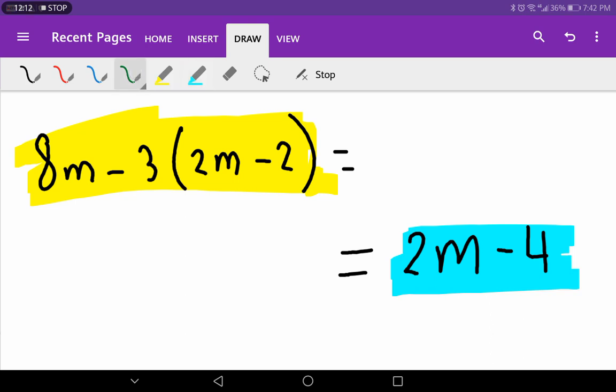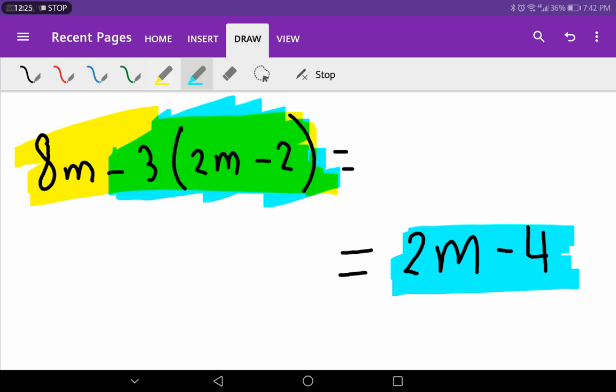Actually here we have to break this parentheses. Yes, but the most common mistake here, when you break the parentheses, you multiply by 3 like this: 6m negative 6.